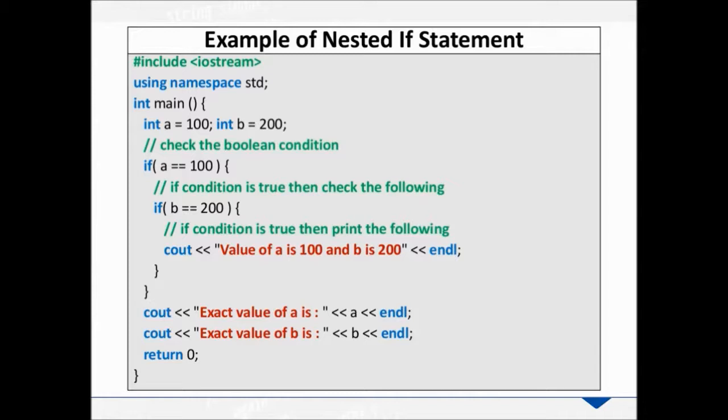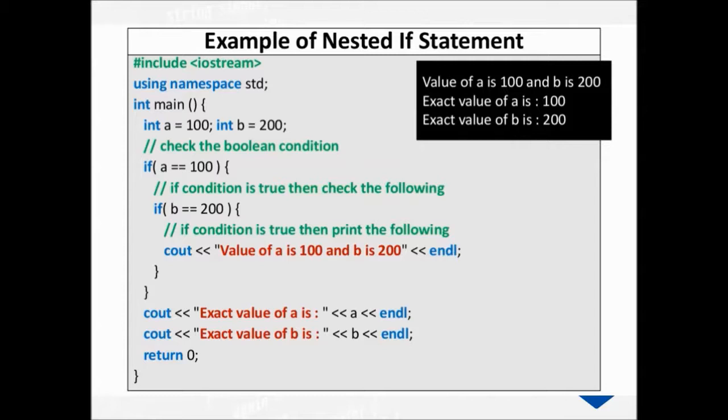After that we close both if statements, and the remaining code prints exact value of a and exact value of b on the screen. So in this example the value of a is 100 and b is 200.